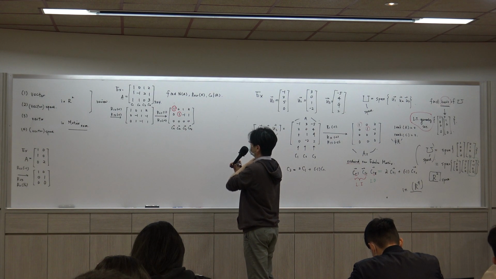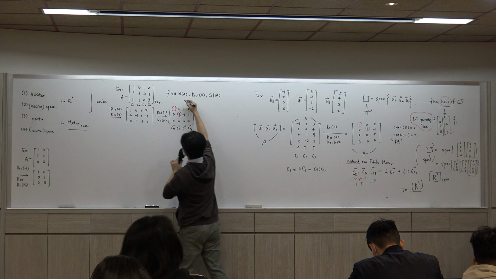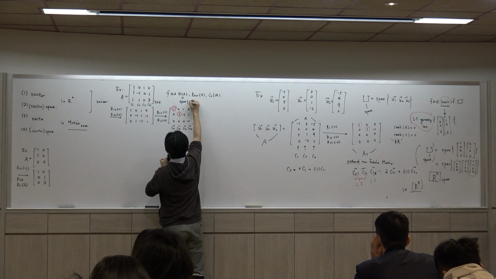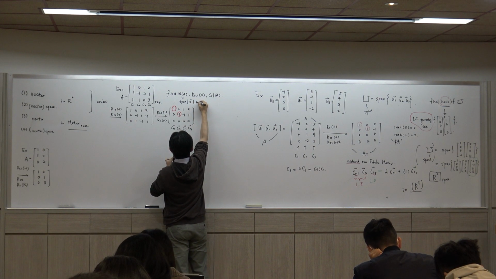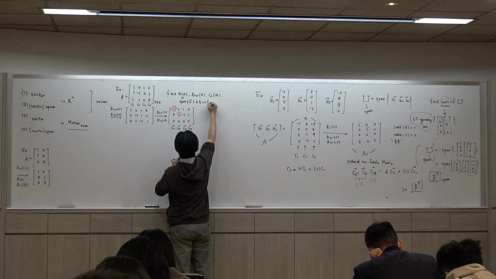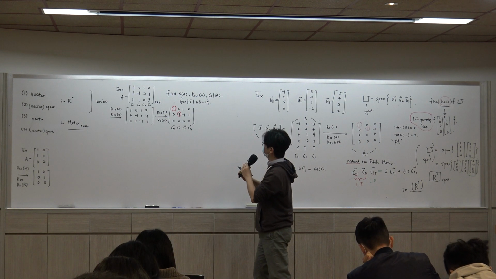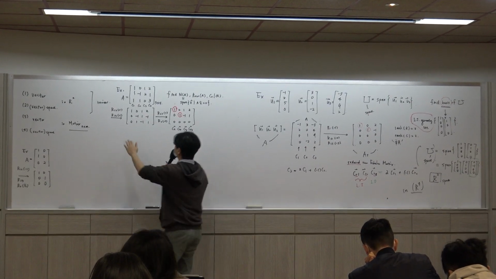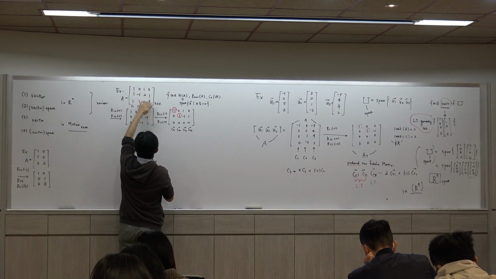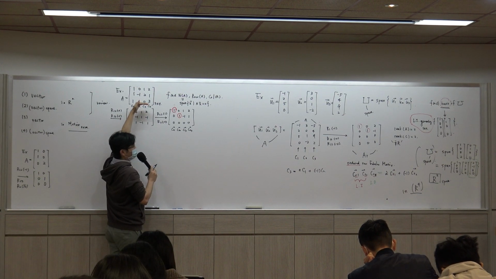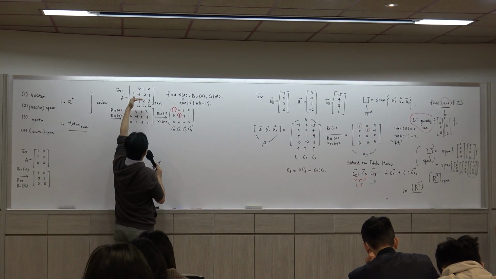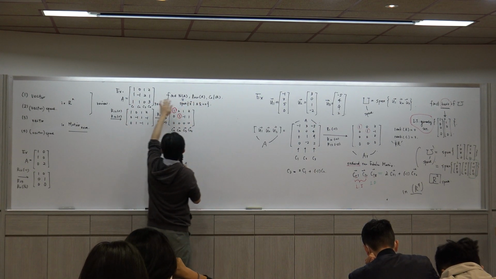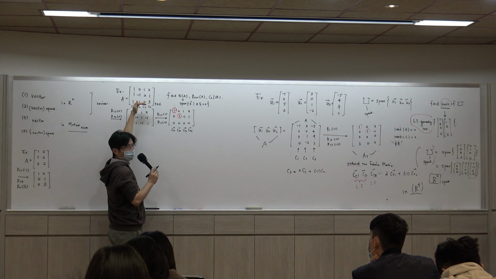So the null space is spanned by the X that follows AX equals 0. Right? Row space and column space are easier. Here we have 3 rows, so we can span the row space based on the 3 rows.